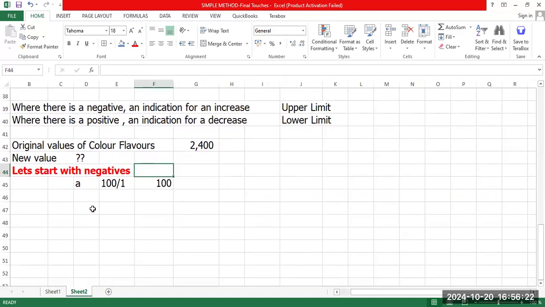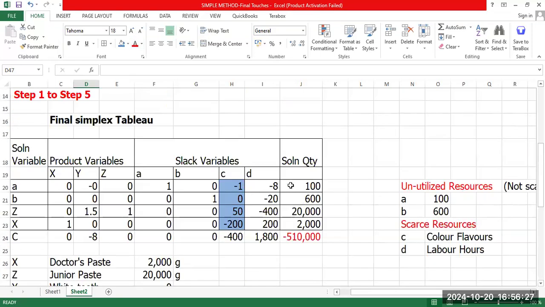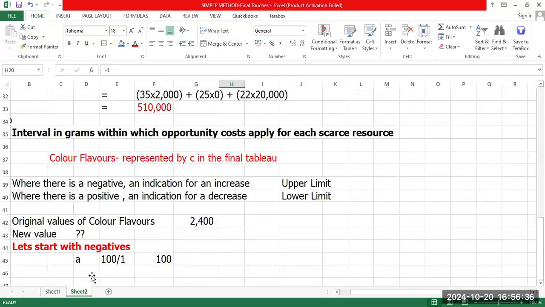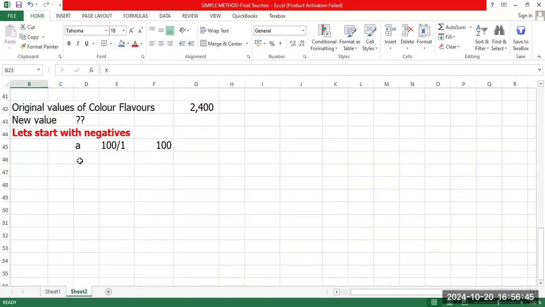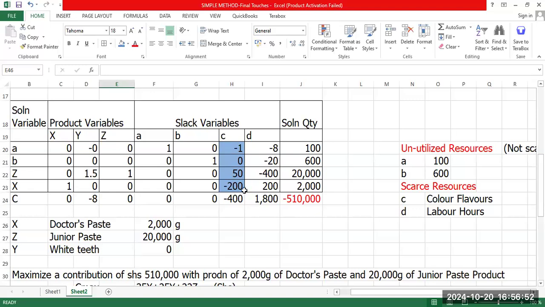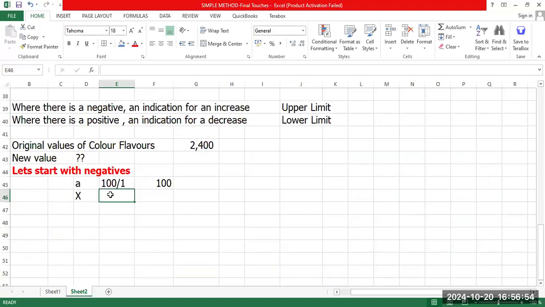Okay, back to this. I'm done with this. Get this one divided by negative. No, don't put a negative. Just get this divided by 1. Okay. Then next, where do we have negative? Here. X. And the value this side is 2,000 divided by 200.